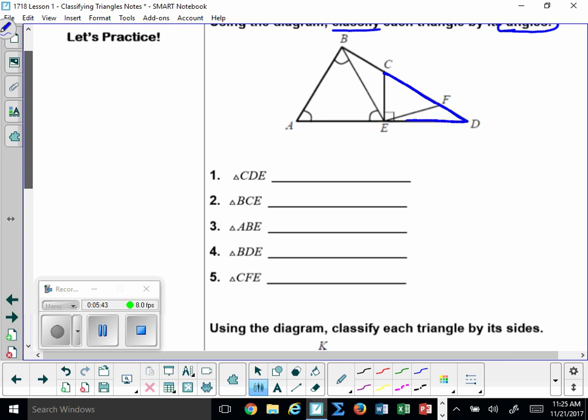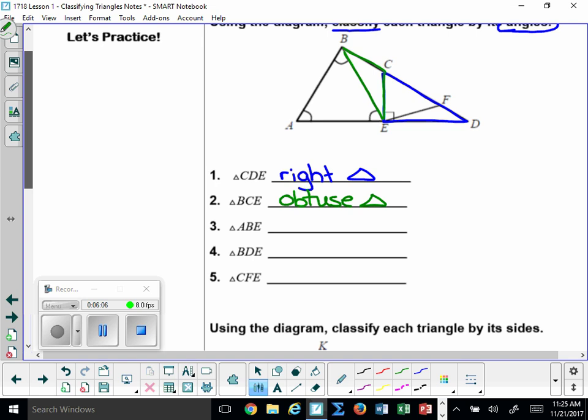I've got the right angle symbol right there at E, so this is a right triangle. BCE. That one is clearly obtuse.